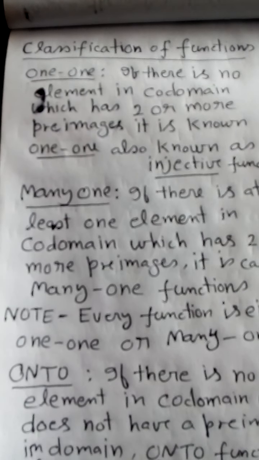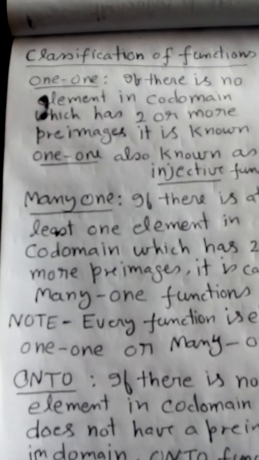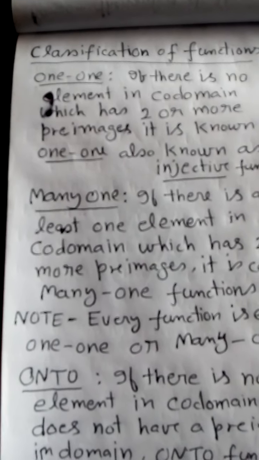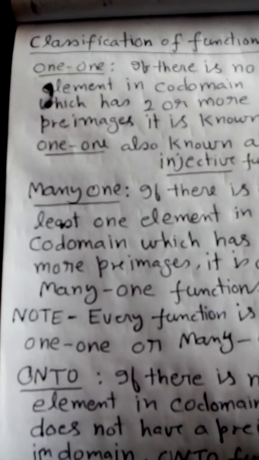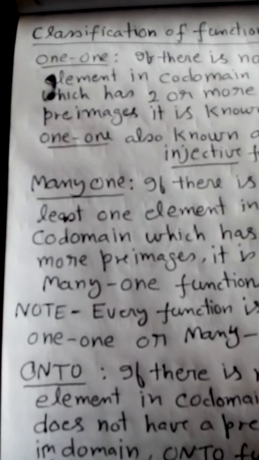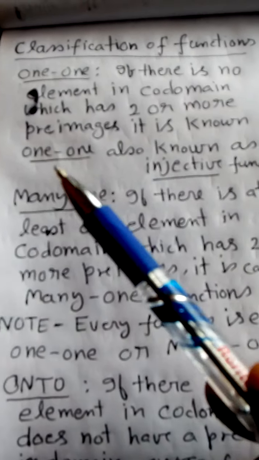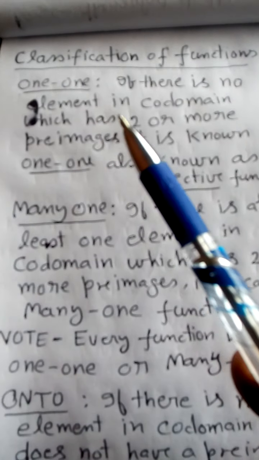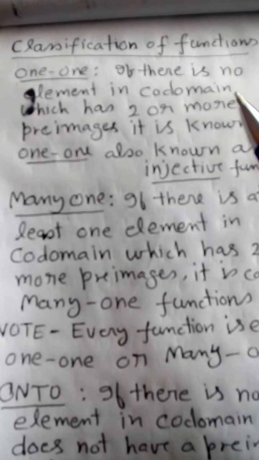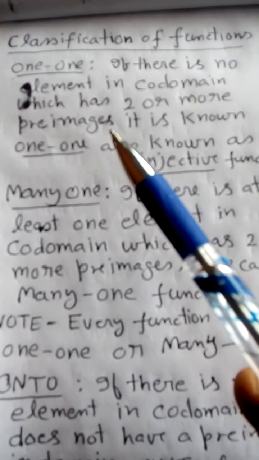Today we will talk about classification of functions. We classify functions in one by number of images they have. We call a function one-one if there is no element in codomain which has two or more pre-images.